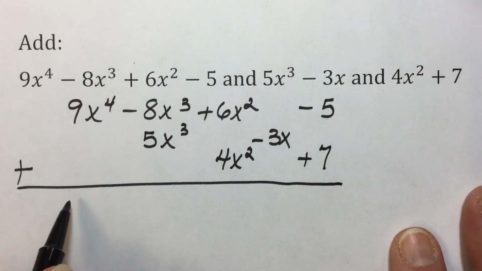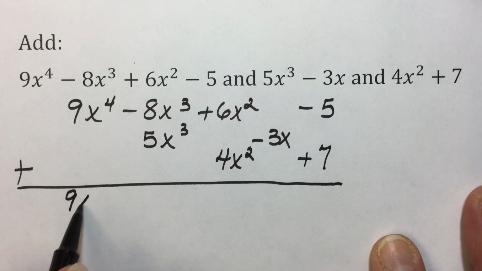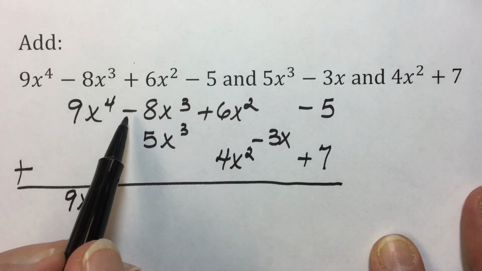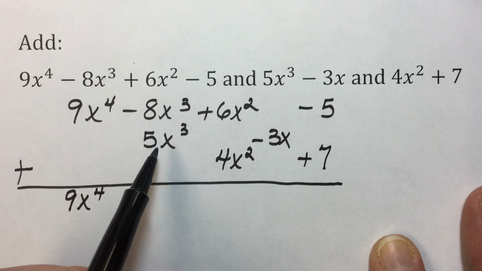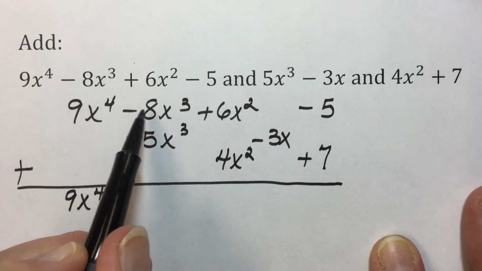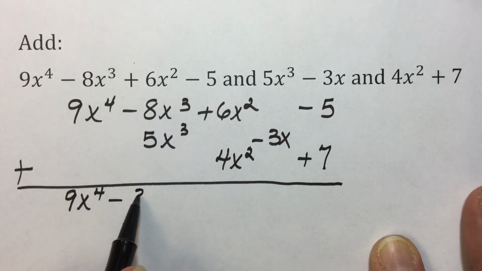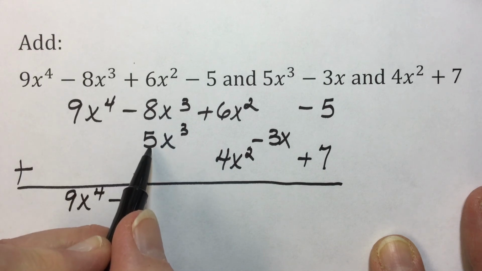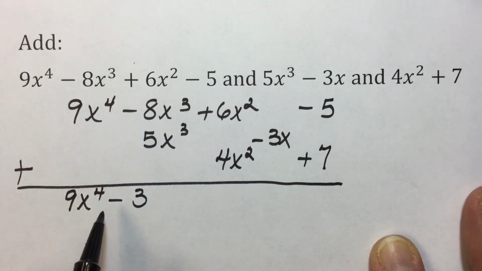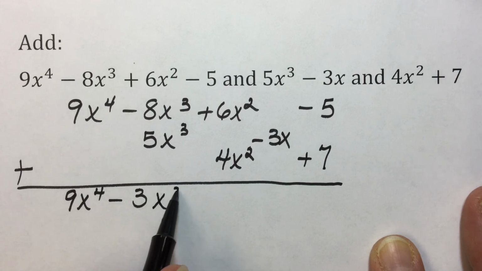There is no similar term to add to our 9x to the fourth power. However, x to the third, if we use our distributive property to simplify, negative 8 plus 5 leaves a negative 3, the difference between those two numbers, the larger being absolute value being negative, so we have a negative 3x to the third.